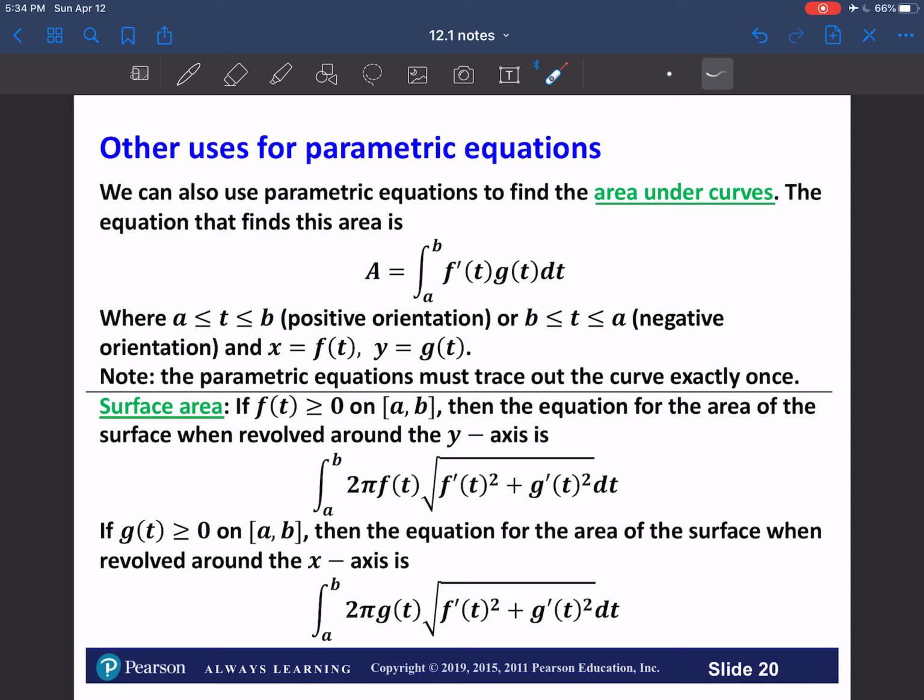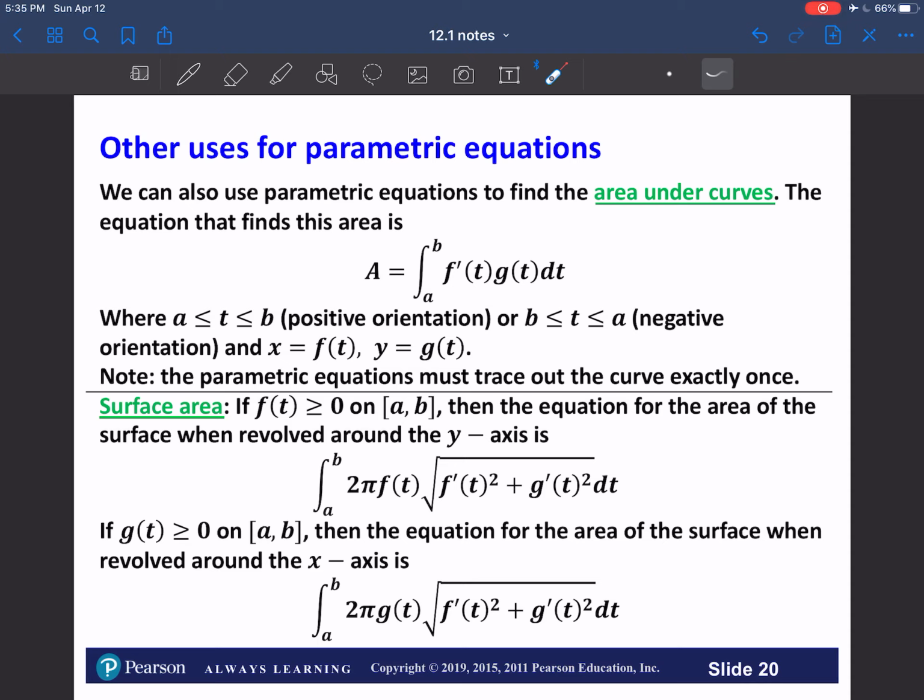This would actually generate the negative answer of what you're looking for. Once again, we have to note that the parametric equation should trace out the curve exactly once. If it traces it out more than once, then we will get a different answer.